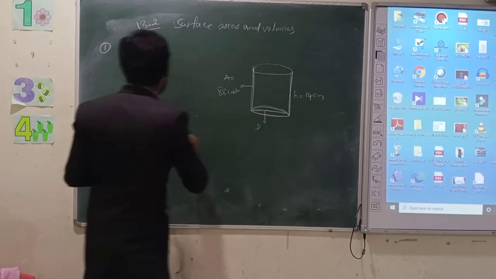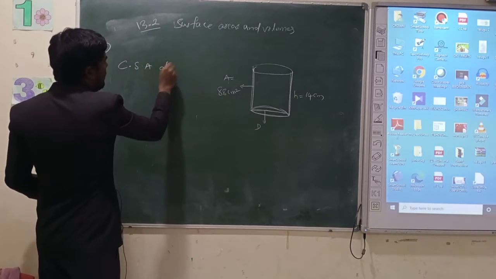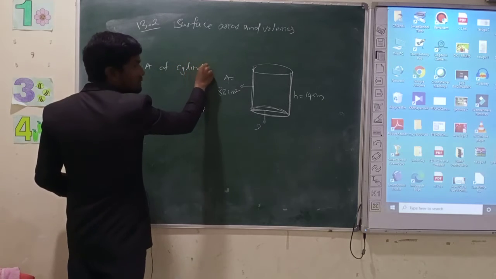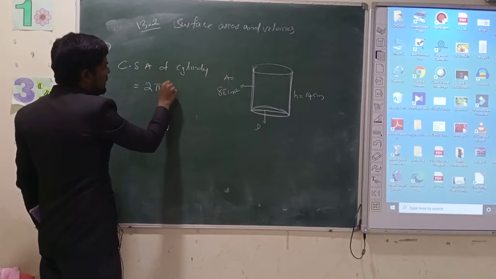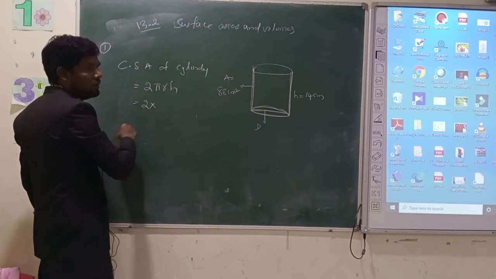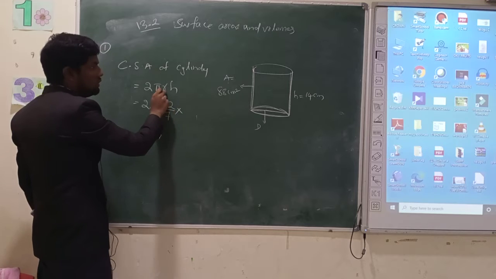So 2 pi r h, that is 2 into 22 by 7 into r into 14. Here 7 twos cancel, and 14 cancels, so 22 by 7 into 14.